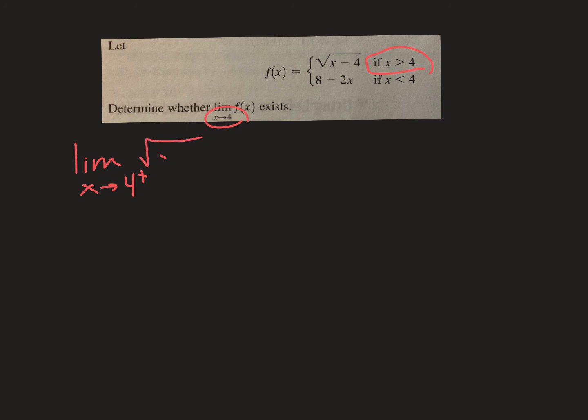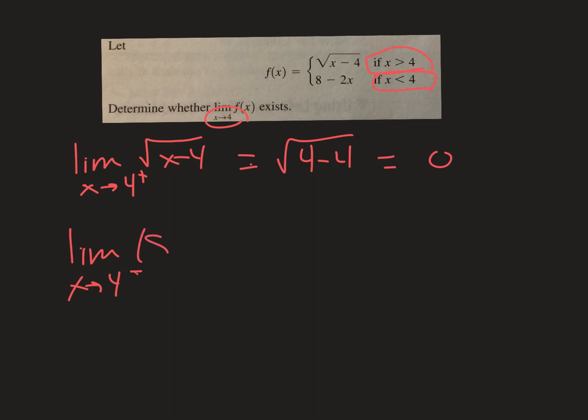Of x minus 4. Because it's a polynomial, I can do direct substitution there. I can say 4 minus 4, which is 0, and you get 0. Let's go the other way now. The limit as x approaches 4 from the negative side. If it's the negative side, I'm using this one because less than 4 is the negative side.